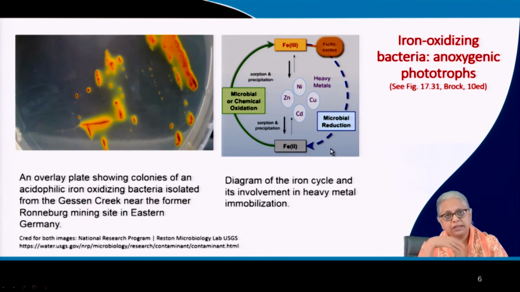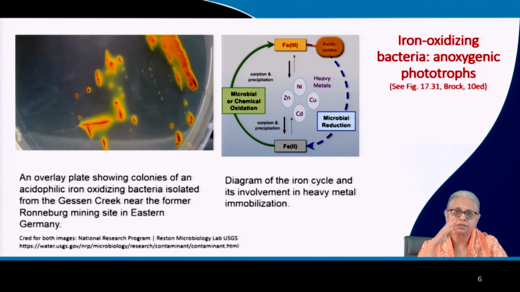So we know that under neutral pH conditions, elemental iron will be converted to Fe2+ and then to Fe3+ in the presence of oxygen. That's what rust is all about. So whenever you have any metal containing iron around you, you know that it gets converted to Fe2+ and then Fe3+.